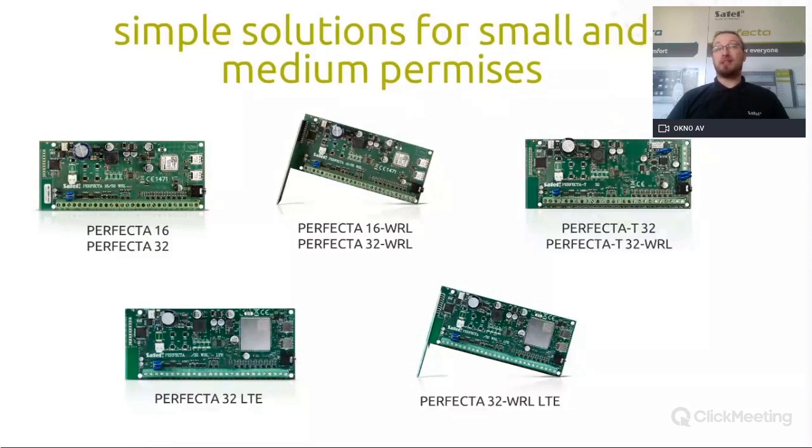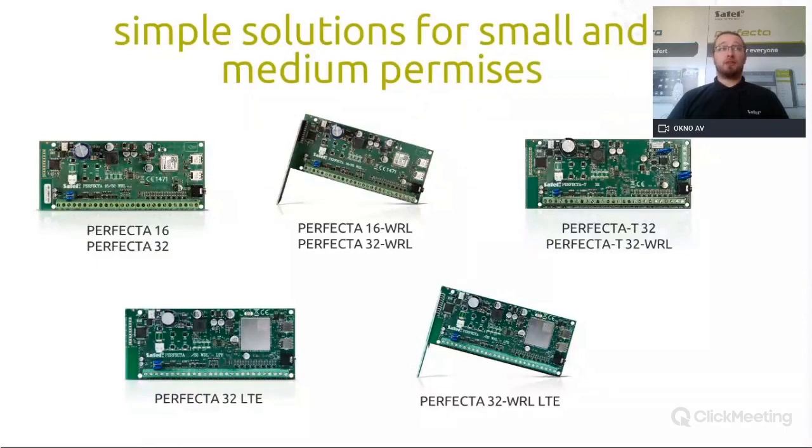The Perfecta, of course, by the name, is the range of the panel. The number 1632 is the information about the maximum amount of zones, so you can expand it up to 16 or up to 32. On board, there are 8 zones. So this is very, very important.